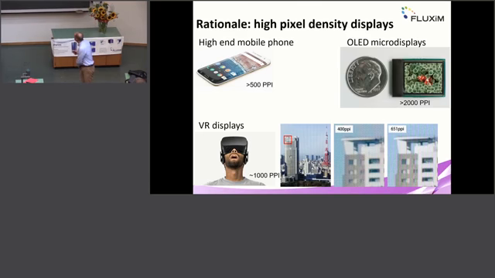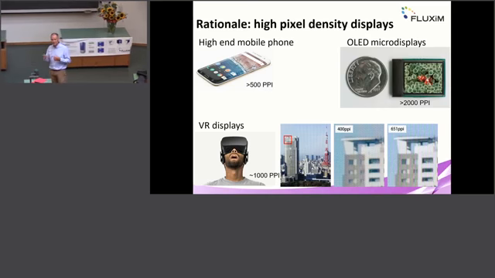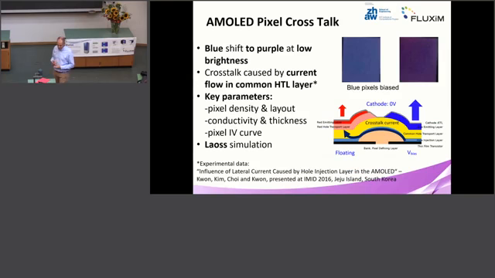I mean, the higher the better. You see that nowadays the pixels are at such a high density, but still there is a gap between pixel to pixel in the separation area. There are some design rules that tell you that the pixel separation needs to be at least a certain value. And one of the reasons is indeed the pixel crosstalk.